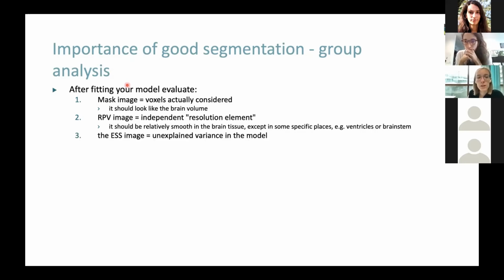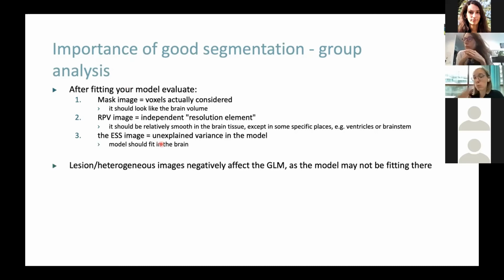And last, you should check the ESS image, that is the unexplained variance in the model. That's an important parameter to see how well your GLM actually fits the presented data. If it fits the data well, then it should be relatively low, and it should also be, again, smooth across the brain, so that your model explains the data of the whole gray matter equally well, or almost equally well, and there are no big gaps or changes.